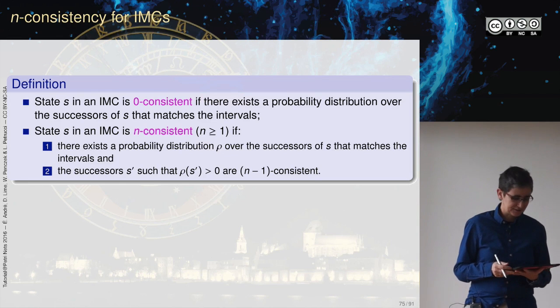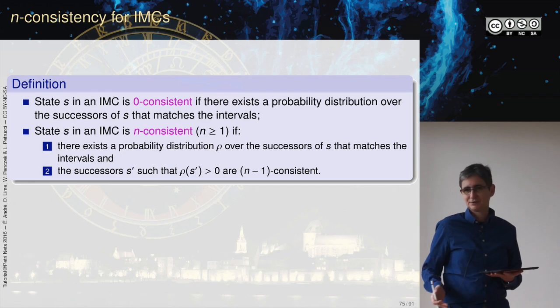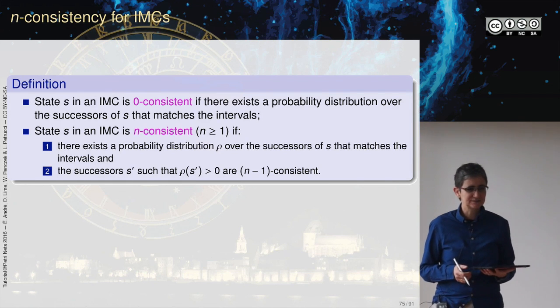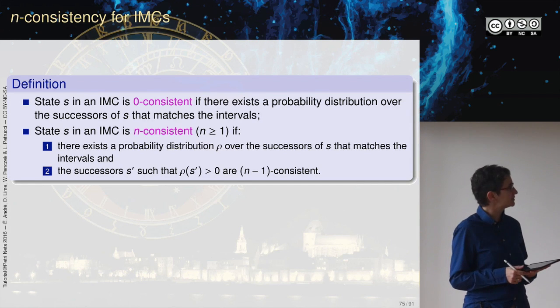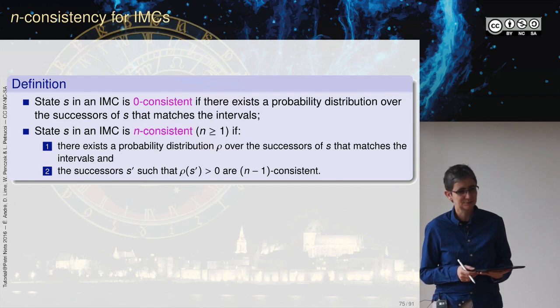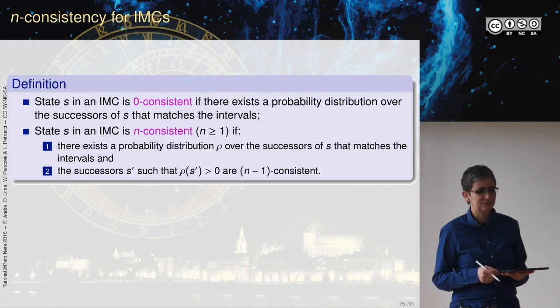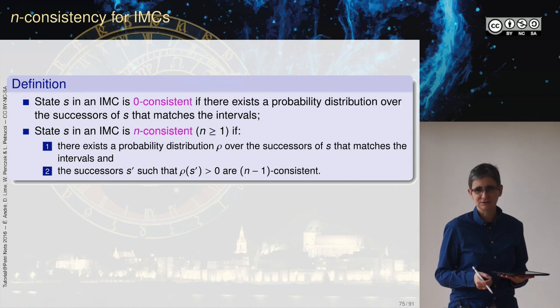So we'll say that a state S in an IMC is n consistent, for values of n other than 0, if there exists a probability distribution over the successors that matches the intervals, and if the successors S prime of S are such that, if the probability to reach them is positive, then they are n minus 1 consistent.